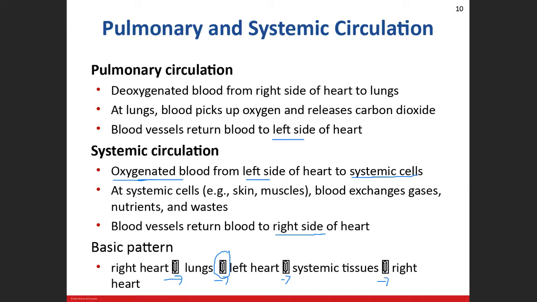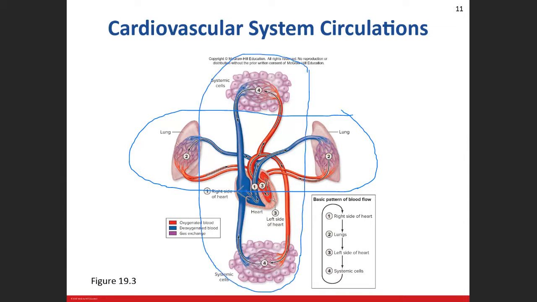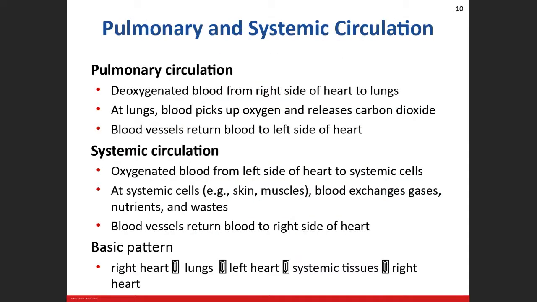So that's what this picture is showing, that your book eloquently has given us. We can see the two different circulatory systems. Here is the pulmonary circulation this way, and here is systemic circulation, that way. So keep that in mind.